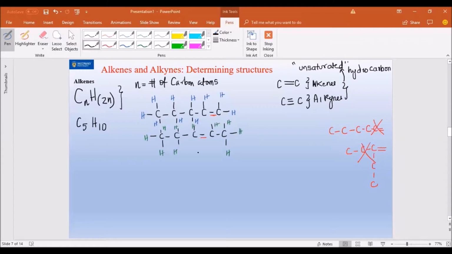So if you have to continue drawing other structures, this time, let's just put 4, and then we'll put the 5th carbon in the middle. Now you can move your double bond around. Keep in mind, the double bond cannot go here, here, nor here. It cannot be sticking out. If you think this is your long chain, then the double bond can only be inside, it cannot be outside.